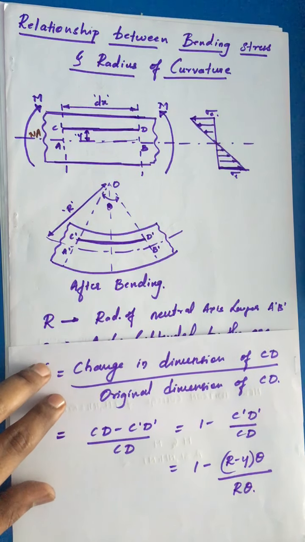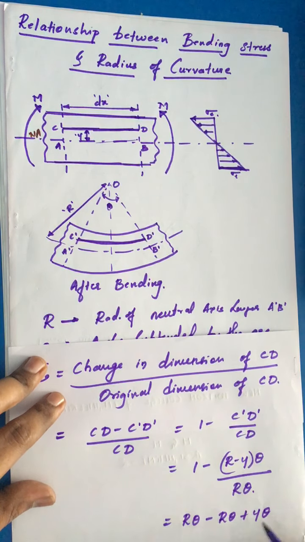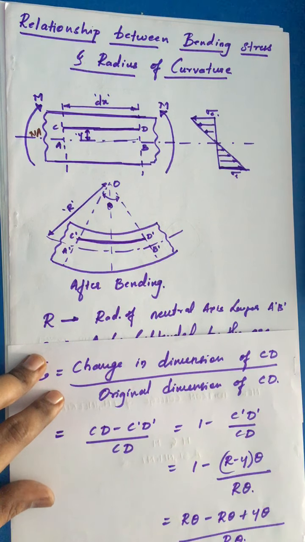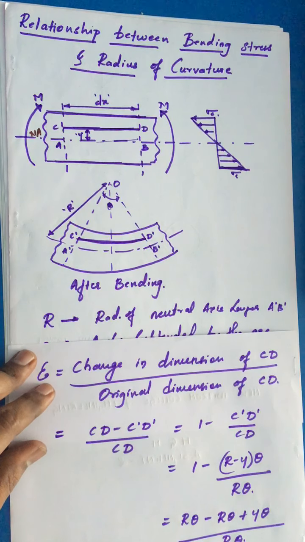Now if I simplify this, what will I get? I will get R theta minus R theta plus y theta, whole divided by R theta, which implies epsilon is equal to y by R. Here the radius R is constant, and hence this epsilon is proportional to the distance from the neutral axis.